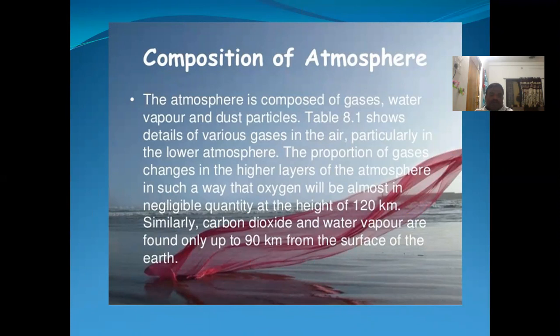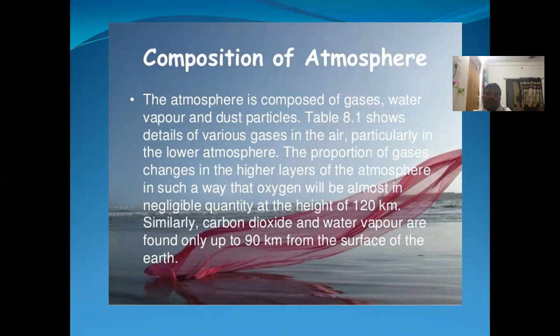Composition means what it contains. The atmosphere is composed of gases, water vapor, and dust particles. The table shows the details of various gases in the air, particularly in the lower atmosphere.